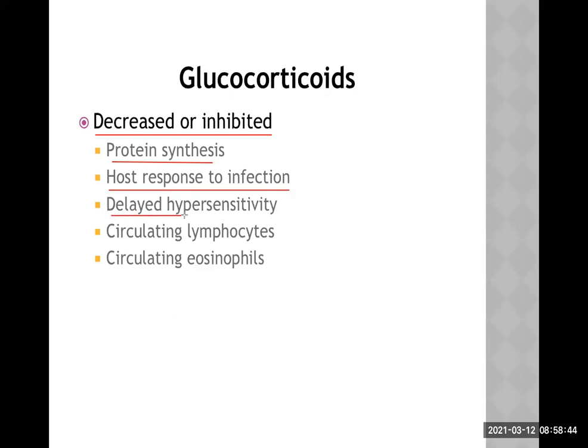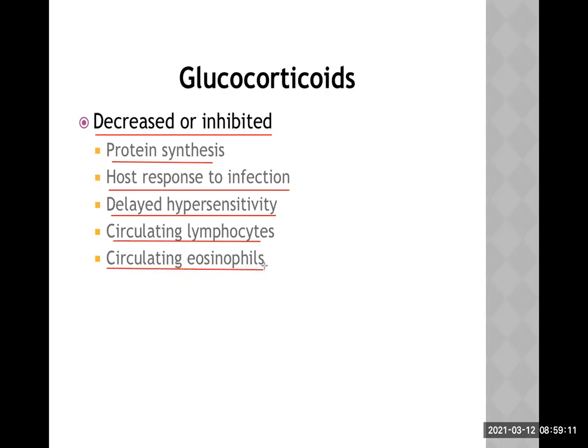They suppress or inhibit delayed hypersensitivity reaction. That's why if somebody is taking corticosteroid, then the Mantoux test will be negative. They cannot form a reaction against the Mantoux test or PPD test. Circulating lymphocytes would be decreased, and circulating eosinophils are also decreased.